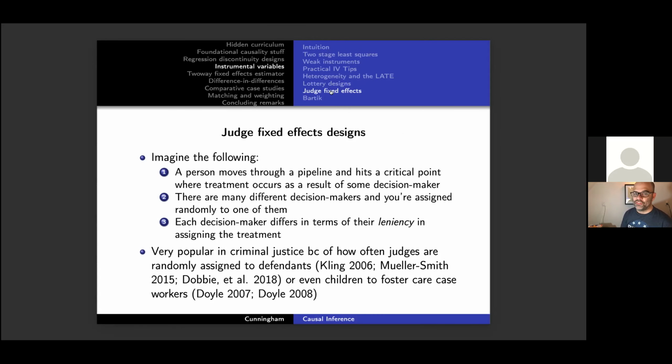So what is a judge fixed effects design? While you're looking at this, I'm just going to put this up here. Okay, so what I've got here is some treatment, and I've got some person, right? But the person can't just be assigned to treatment. What happens is you must first pass through a wheel of decision makers.